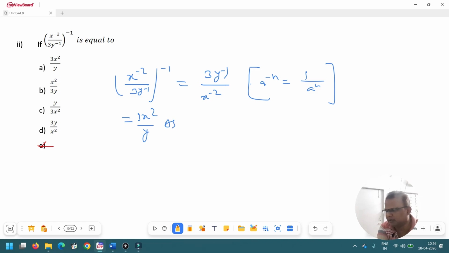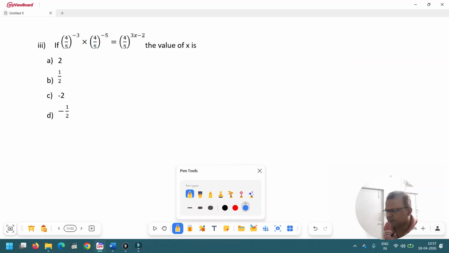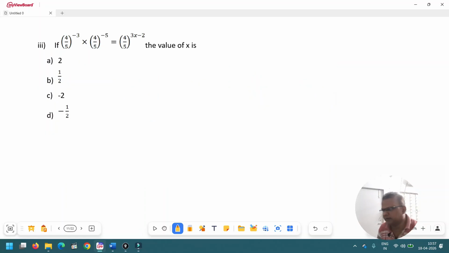Hence A is the answer. Considering the above expression, minus 3 like the power.